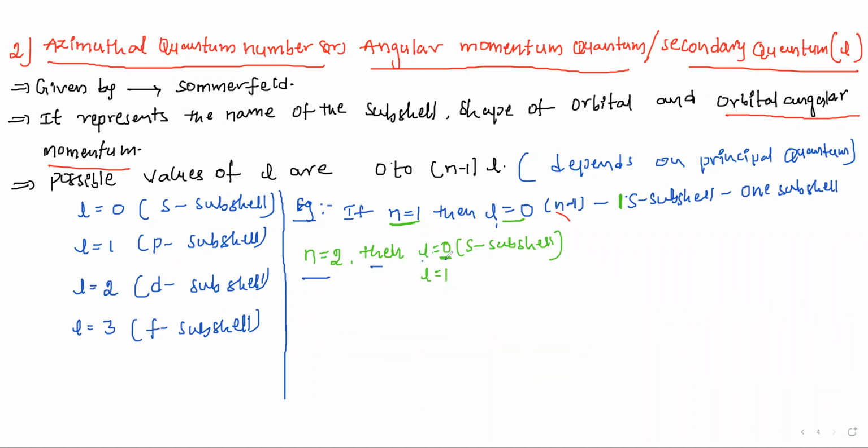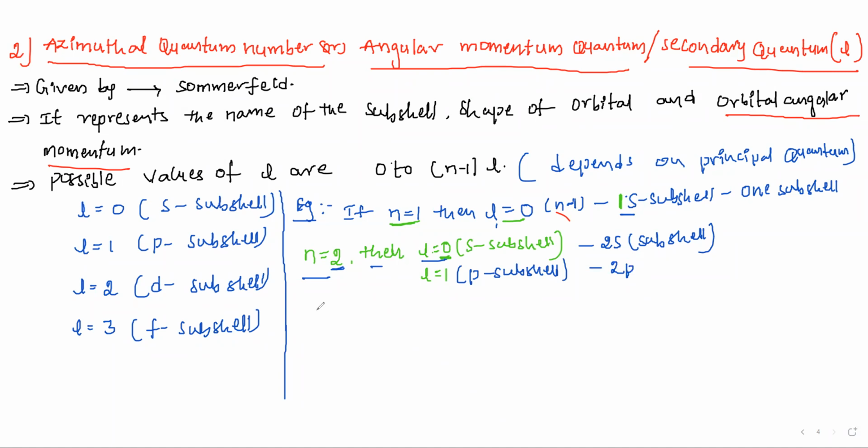If L is equal to 0, that is S subshell, and that too 2s subshell. ఎందుకంటే ఇది సెకండ్ షెల్ కు చెందింది కాబట్టి, సెకండ్ షెల్ లో ఉన్న ఎస్ సబ్షెల్ అది. 1s సబ్షెల్ ఏంటంటే ఫస్ట్ షెల్ లో ఉన్న ఎస్ సబ్షెల్, అండ్ దిస్ ఈస్ సెకండ్ షెల్ 2s సబ్షెల్. And if L is equal to 1, that is P subshell, that too 2p subshell.